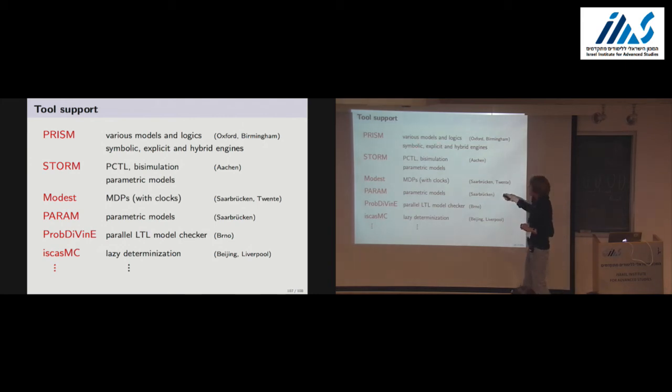It provides several engines to carry out the analysis, be it symbolic with MTBDDs, multi-terminal binary decision diagrams. Or this hybrid engine: to represent the model, it uses this symbolic MTBDD-based approach, but when calculating probabilities or expectation vectors, it uses an explicit representation. Thank you.